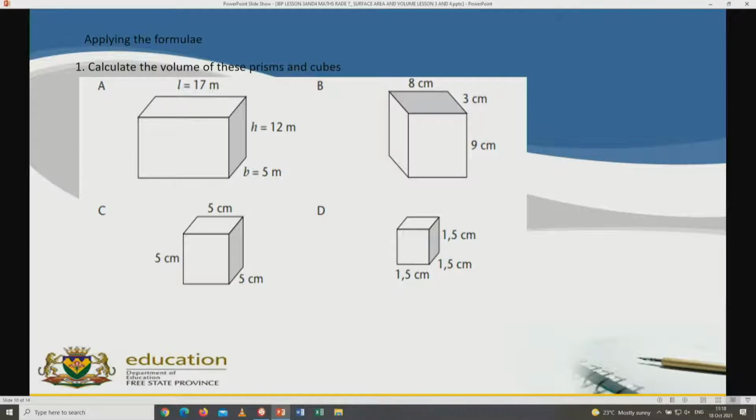Now, let us try and check how we can solve this one. It's 17, 12. They're saying, okay, the height is 12. The length is 17 meters. The breadth is 5 meters. The height was given as 12 meters.